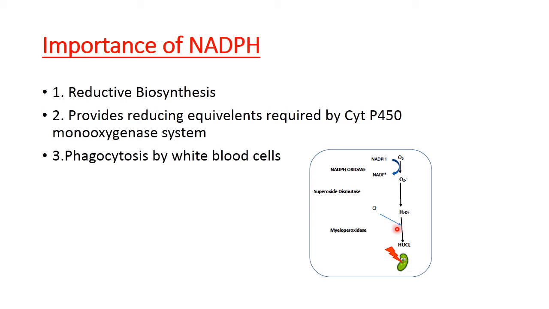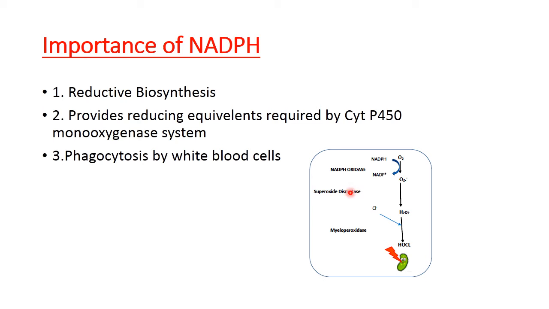Now, if we imagine this is a phagolysosome, the oxygen will be acted upon by NADPH oxidase and converted to superoxide anion. The NADPH oxidase is an important enzyme, and if this enzyme is deficient by birth, it leads to chronic granulomatous disease.